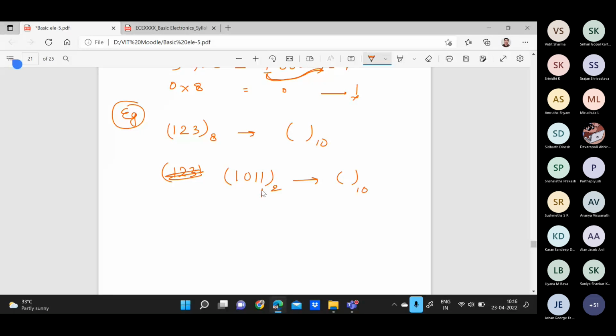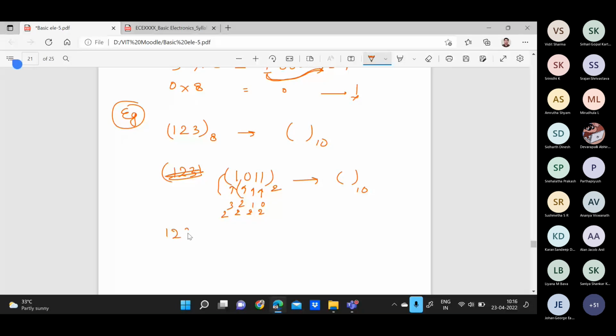You have to write down the place values. For example, this is 0, this is 1, this is 2, this is 3, and write down the base, 2 raised to power 1, 2 raised to power 2, 2 raised to power 3, and then multiply with their subsequent values. Same procedure we need to follow here, right?